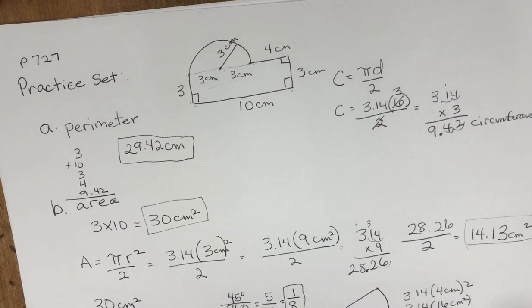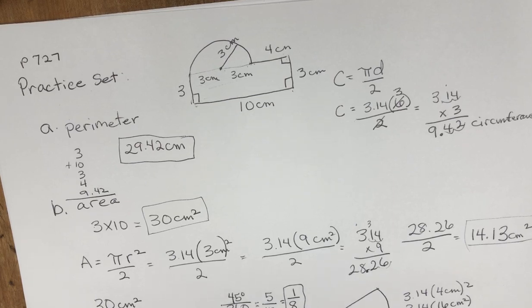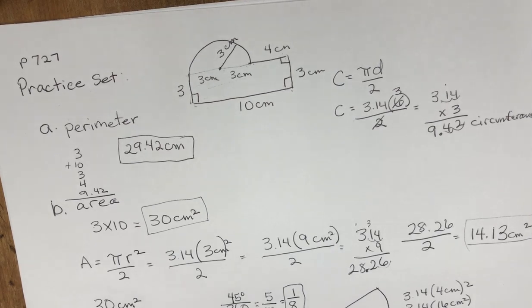I forgot my decimal point right there. 8 goes into 64 8 times. 8 times 8 is 64. I'm done with my division. So my area should be 6.28 centimeters squared. There's my answer to C. 6.28 centimeters squared.